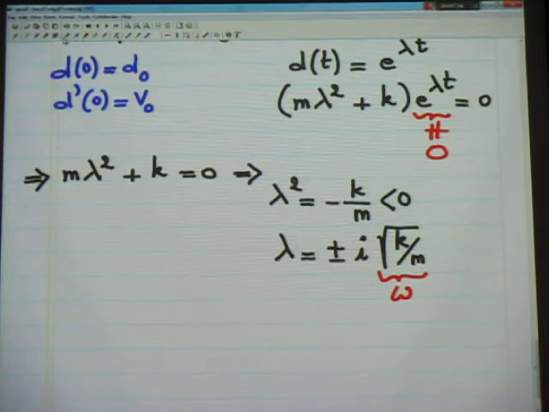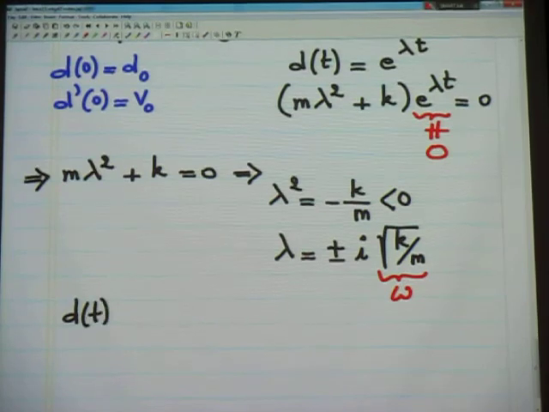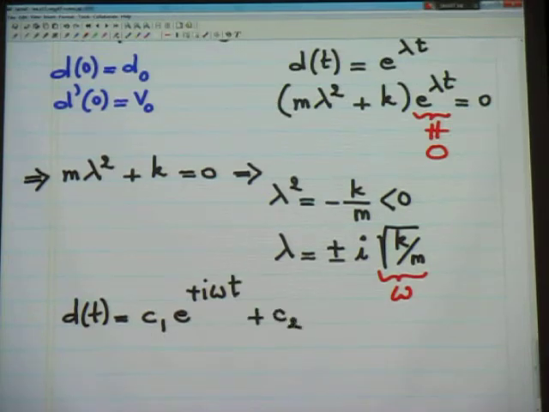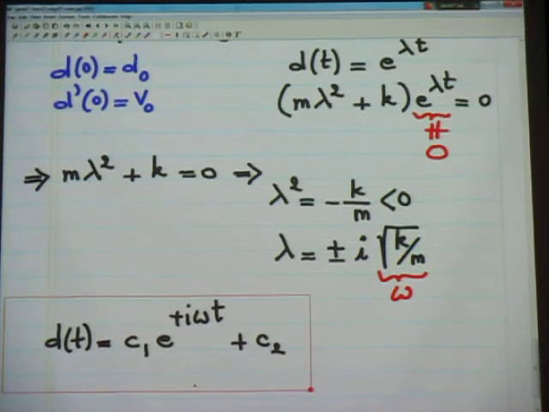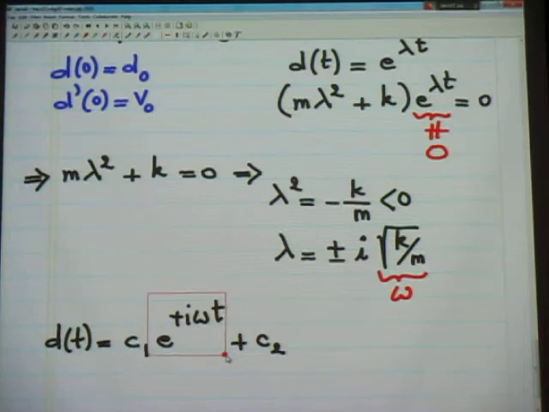Therefore the solution d can be written as C1 e to the plus i omega t, and plus C2 times the same factor but with the minus sign in the exponent.